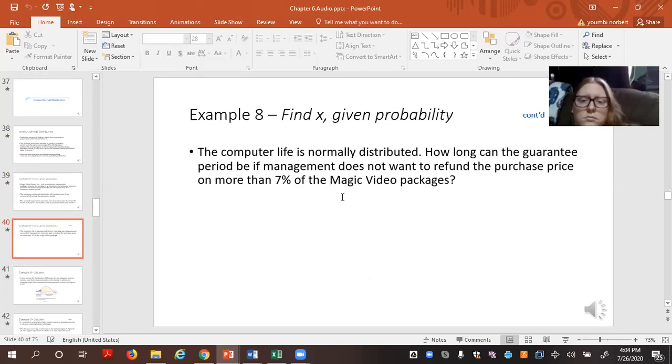The computer life is normally distributed. How long can the guarantee period be if management does not want to refund the purchase price on more than 7% of the Magic Video package? So I'm going to change the screen, go to the whiteboard and explain before we come back to the PowerPoint.